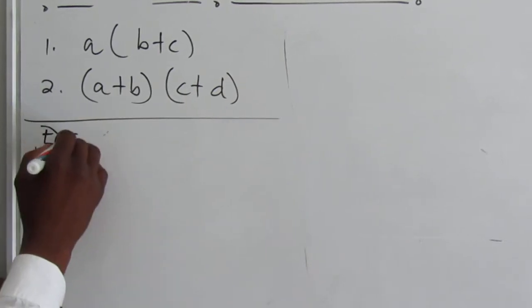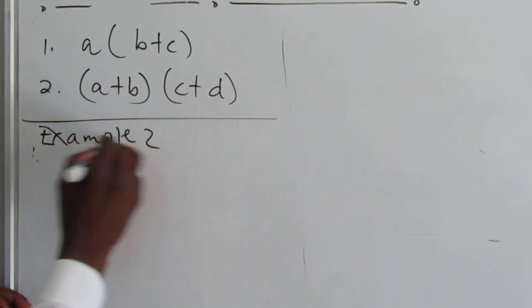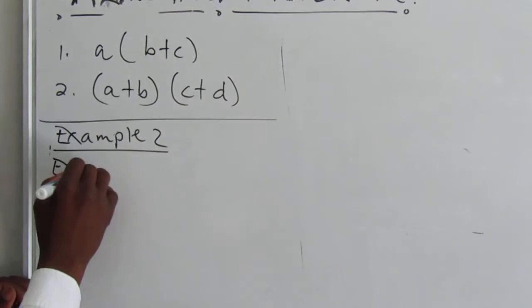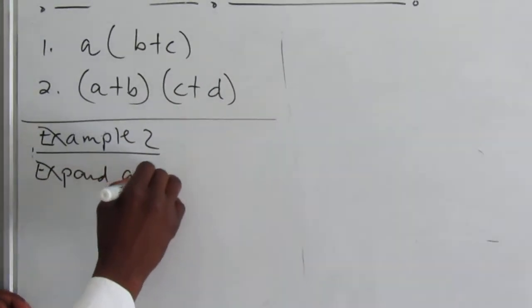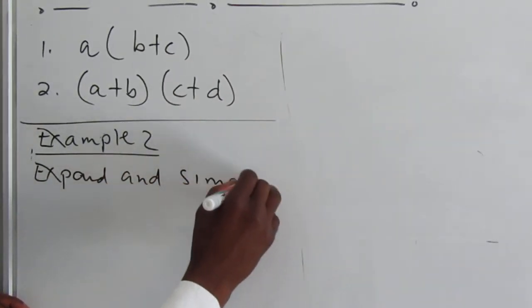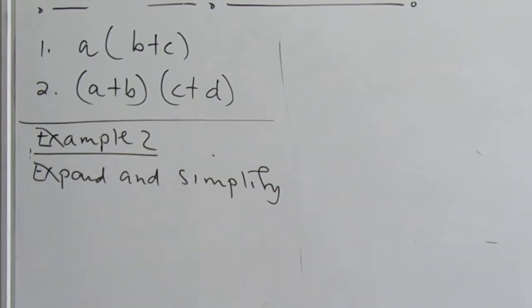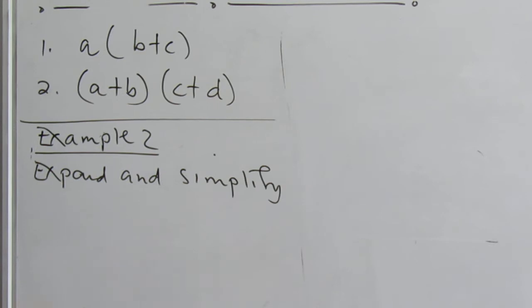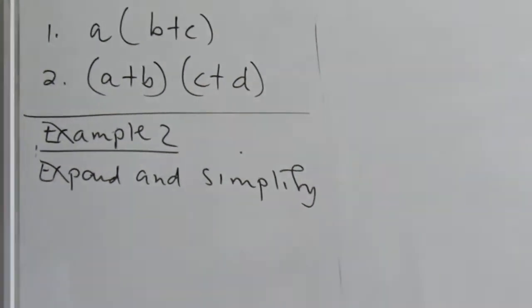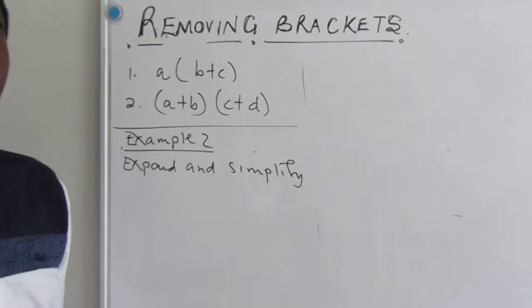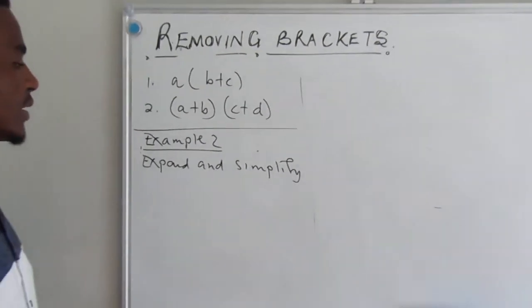Example 2. Expand and simplify. On example 2, we have to expand. After expanding, you have to simplify, following the procedures that we have covered in the previous video, for those who have watched the video on simplifying algebraic expressions.